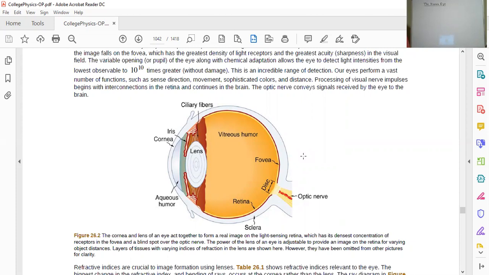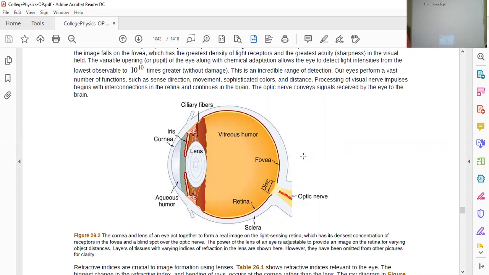The retina has rods and cones, and that light gets processed as information that goes down the optic nerve to the brain.